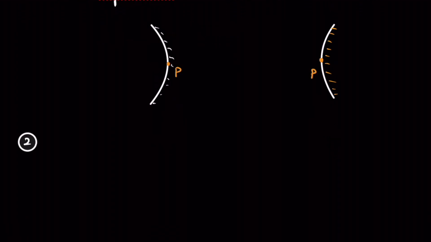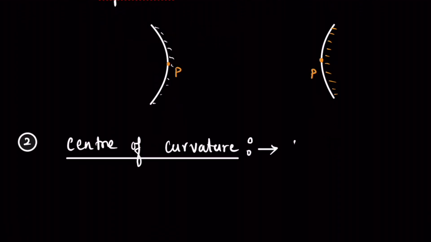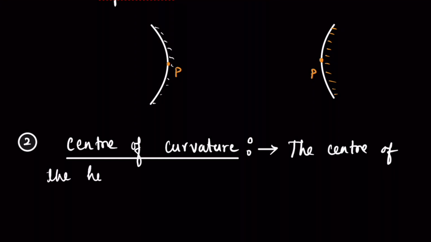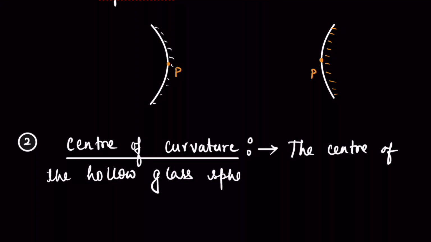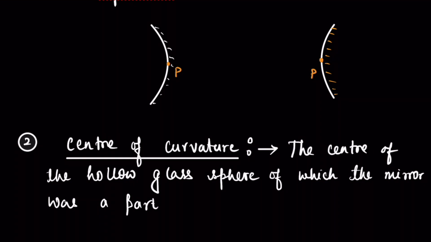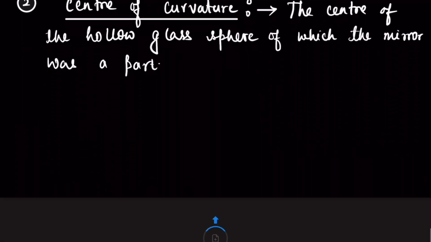Second is center of curvature. It is defined as the center of the hollow glass sphere of which the mirror was a part. So here, what is the meaning of it?